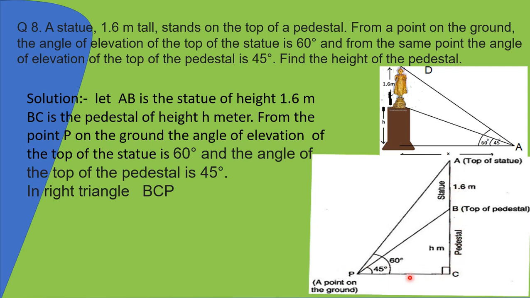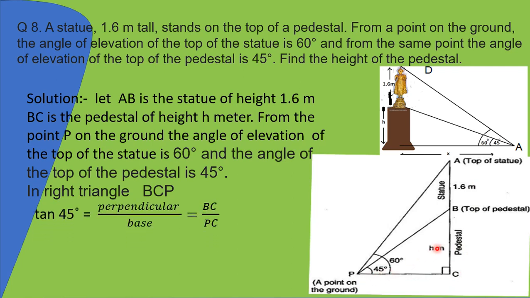In both the right angle triangles we have to find the height of the pedestal. Now here this is the height in the right angle triangle and PC is the base. So height and base, this relation in trigonometry for the right angle triangle is shown by tan theta. So here we use tan theta.